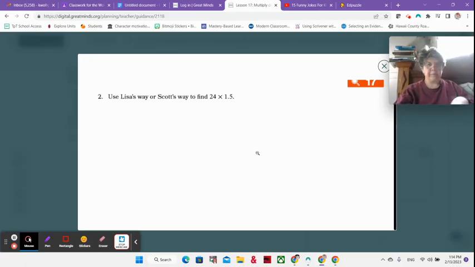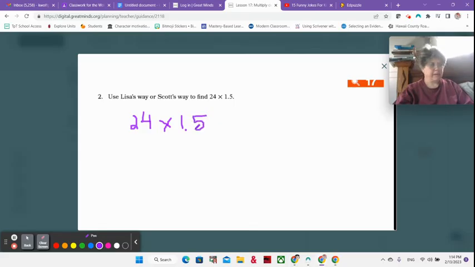So right there in that book right now, you go ahead and write down what you would break apart. Would you break apart the 24, or would you break apart the 1 and 5/10? Go ahead and set it up, right? So think about what you have right above it for Lisa's way and Scott's way, right? 24 times 1 and 5/10.